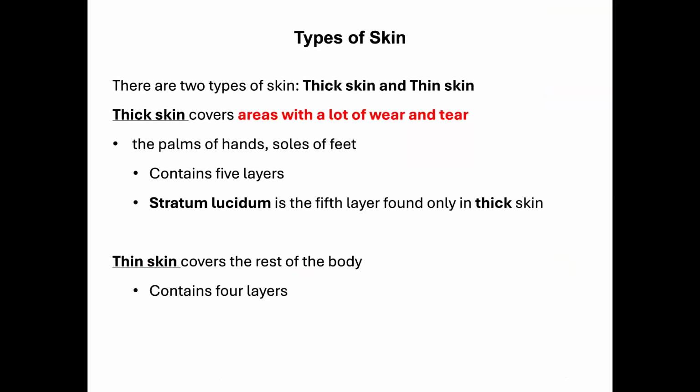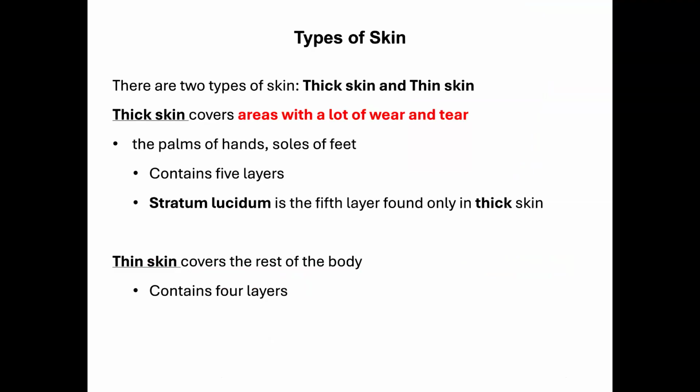Again, in your body, you have thick skin and you have thin skin. Where do you see thick skin? Yeah, sole of the foot, palm of the hands. That's where you see thick skin. And that's the area where there's a lot of wear and tear. And there's thin skin in the rest of the body.